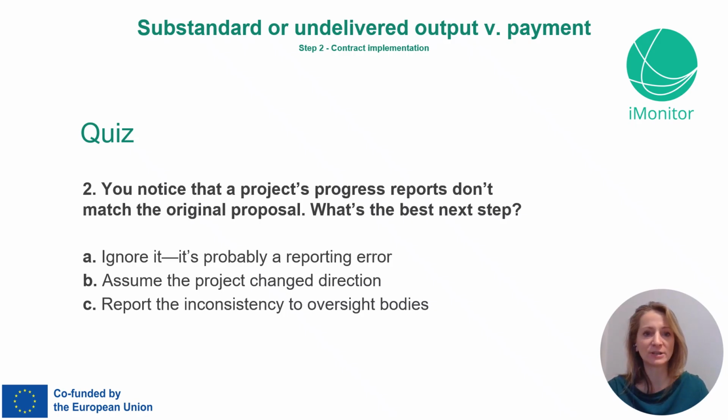When a citizen notices that a project's progress reports do not align with its original proposal, whether in terms of timelines, deliverables, or outcomes, it may indicate poor management or deliberate deception. The appropriate response is to document the inconsistencies clearly. This includes noting specific discrepancies and, if possible, collecting supporting evidence from public records or official communications.